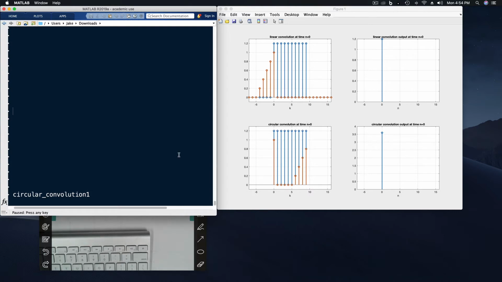Every time I hit the space bar, we step the impulse response forward one sample. So notice that in the linear convolution case, everything's shifted to the right by one sample. And in the circular convolution case, we got a right circular shift by one sample.